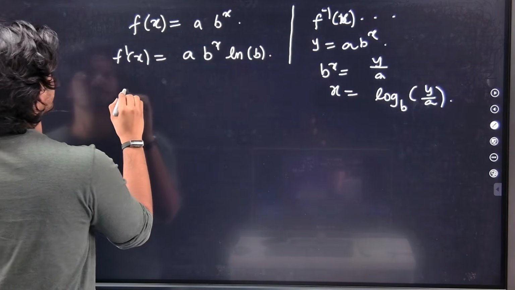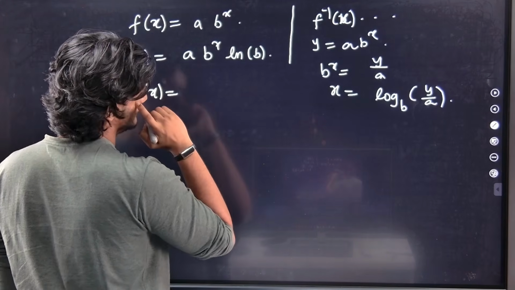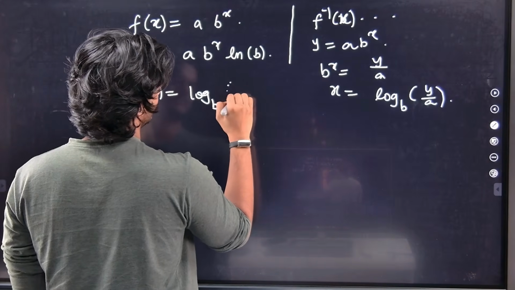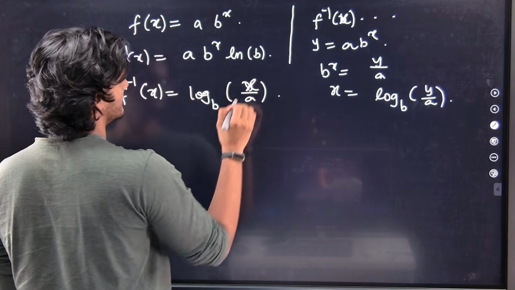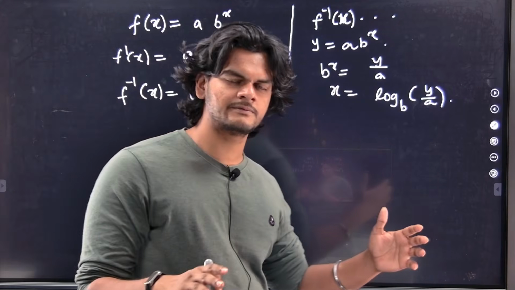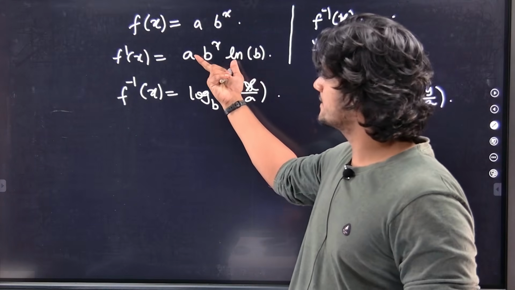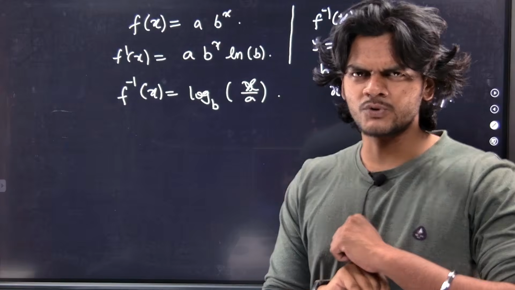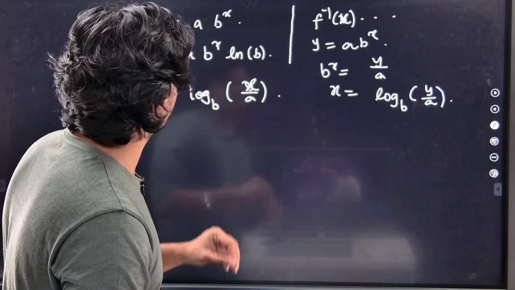So f inverse of x is, okay, I don't think this is ever going to happen, right? A logarithm and an exponential is never going to be equal. The graphs are never going to be intersecting, right? This part is an exponential function and this part is a logarithmic function. They just don't grow that fast at all, right? So it is never going to be possible.